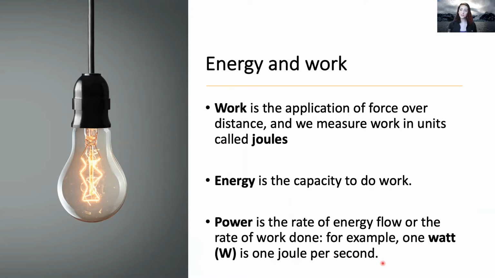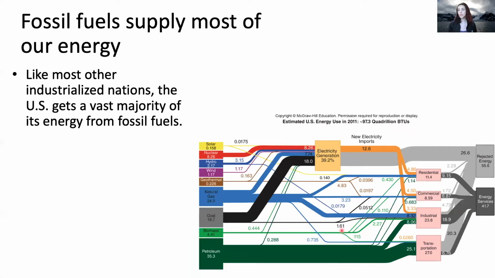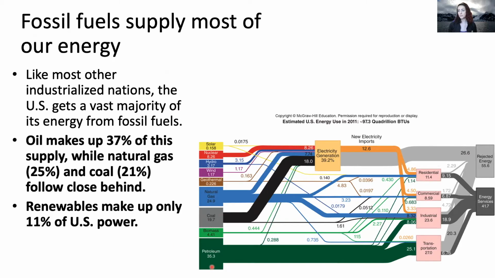So moving away from standard definitions, let's understand a little bit more about those fossil fuels we were talking about. Fossil fuels supply most of our energy in the United States right now, and that's very similar to other industrialized nations. A vast majority of our energy comes from fossil fuels, including coal, natural gas, and petroleum, outlined here.